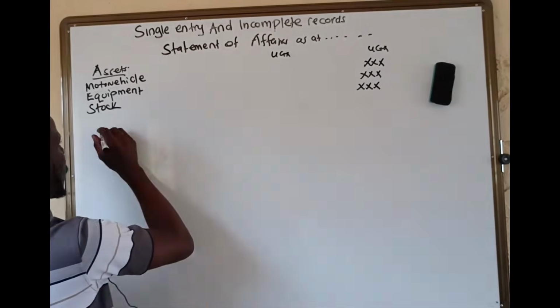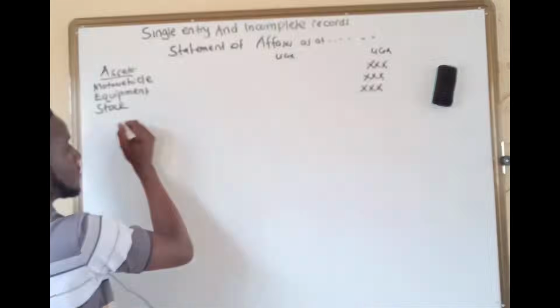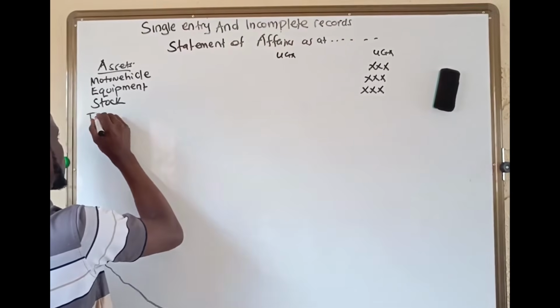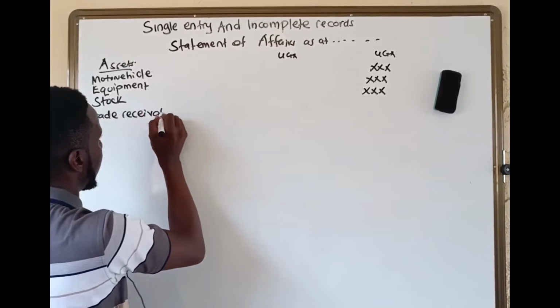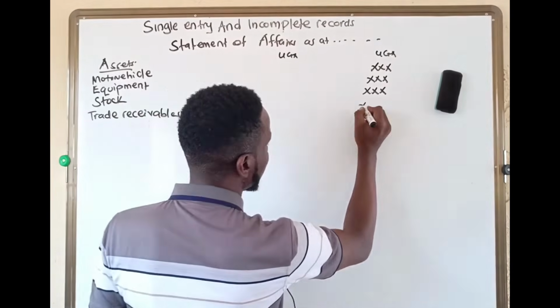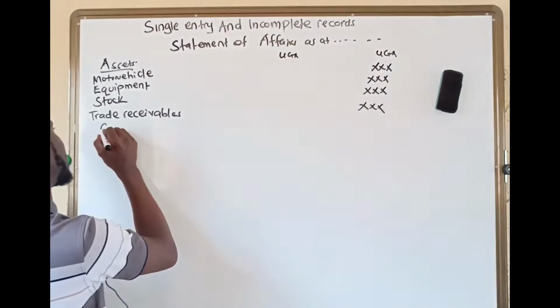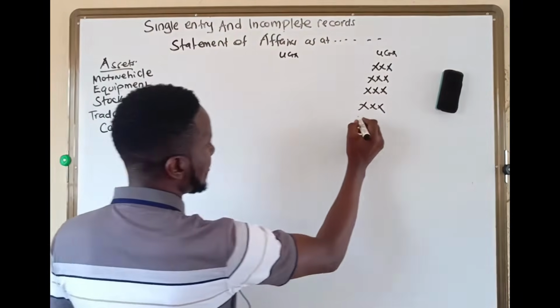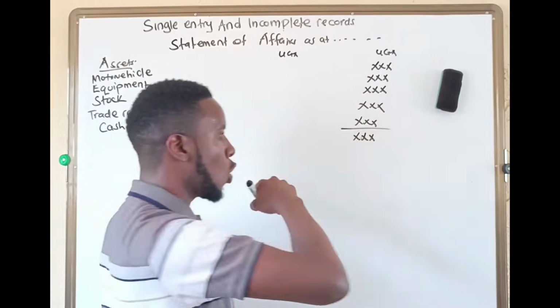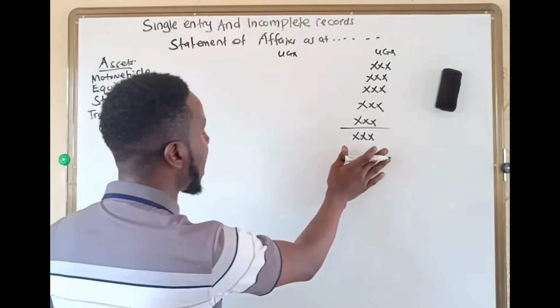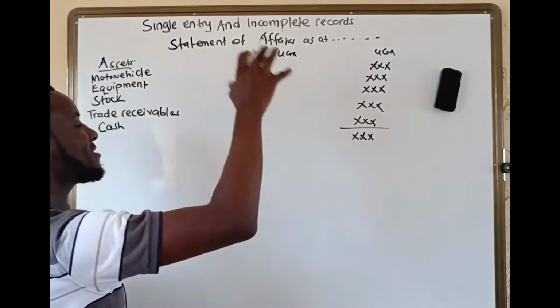Let me talk about things like receivables, trade receivables. We bring our value here. We can also have cash. We bring our value here. Therefore, we shall have the total assets. But these ones, remember, are as at 1st January.